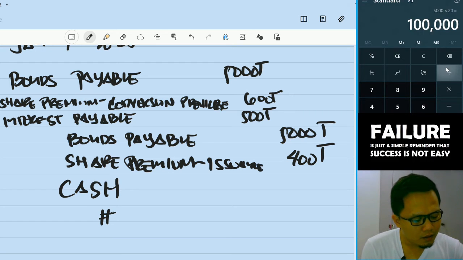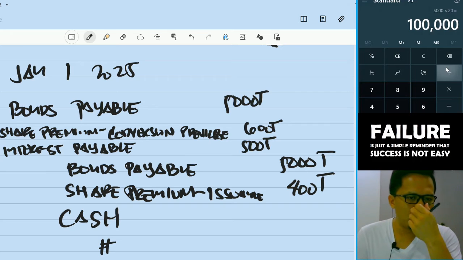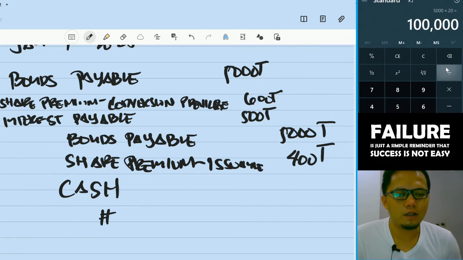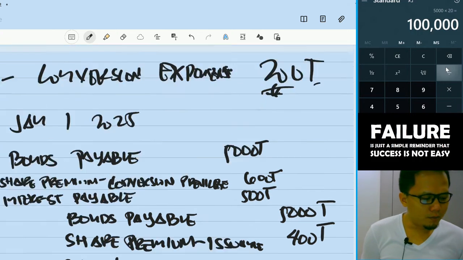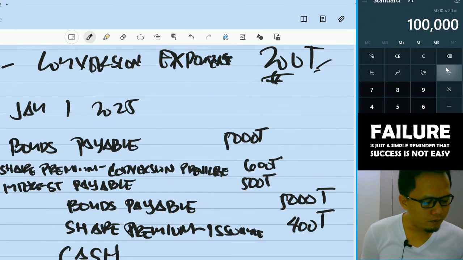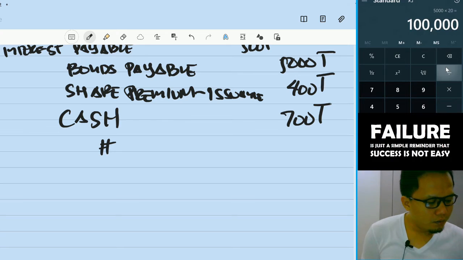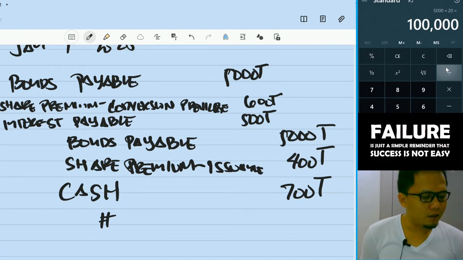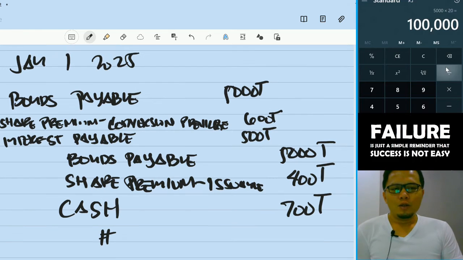Then the last credit will be for cash. The cash payment applicable for the accrued interest and the conversion expense, which is accrued interest of 500,000 plus conversion expense of 200,000, we have 700,000. So, that is your entry on the date of conversion.